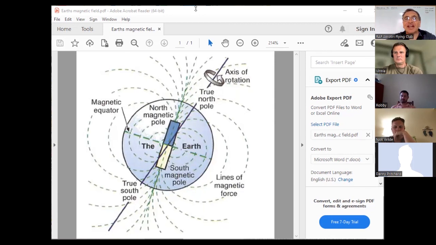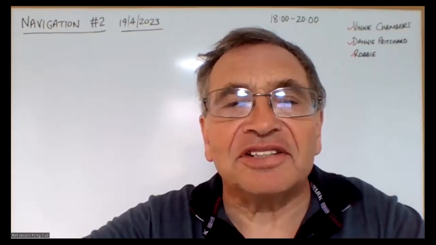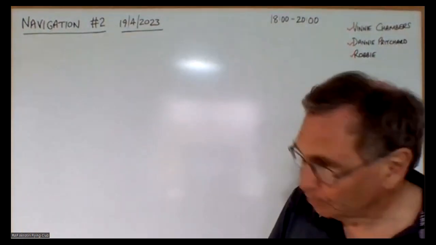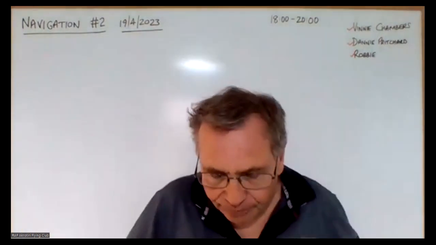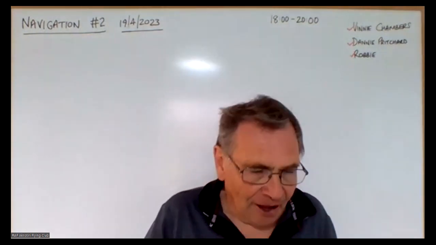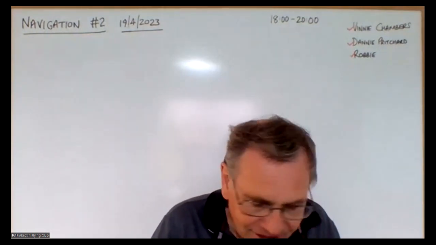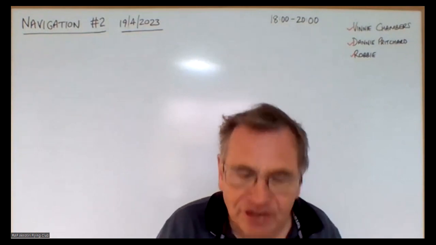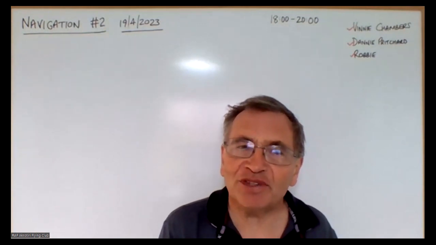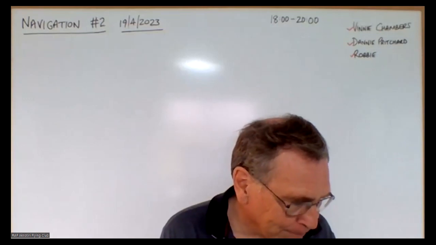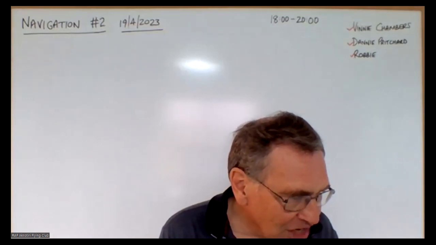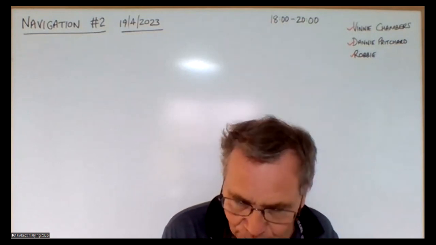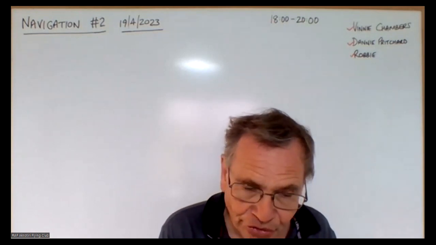So how does that affect us navigating? Well, we're going to use a compass as our primary means of navigation. Aviation charts are made relative to true north.